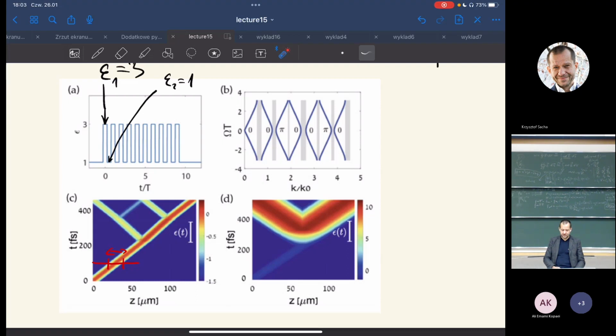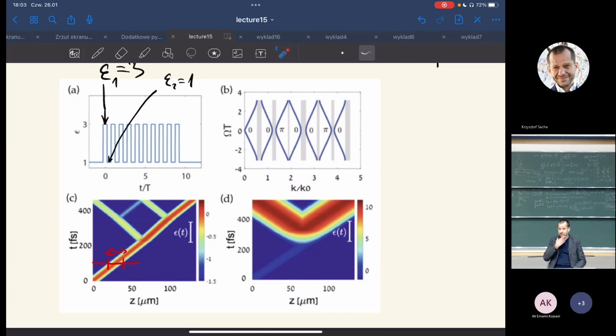Not entirely. I would like to repeat the question, which concerns the similarity to the special case and to the description within the Fresnel equation. Here, this is very important. The important difference is related to which quantity is conserved. In the standard situation, we have a time-independent medium, so the energy, the frequency, is conserved.